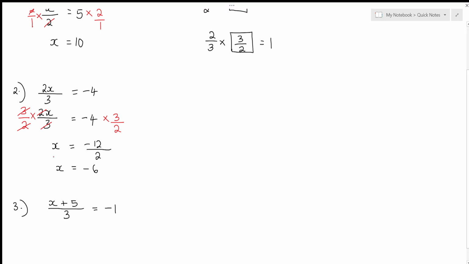So that would be times 3 over 1. Whatever you do to the left-hand side, you've got to do to the right-hand side, times 3 over 1. So the 3 and the 3 would cancel out. And here you are left with x plus 5 equal to negative 3.